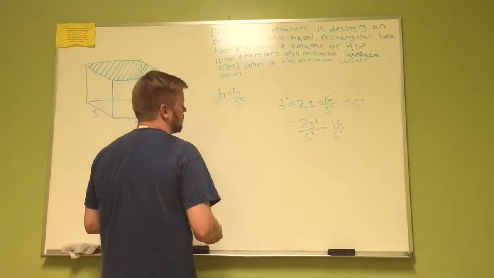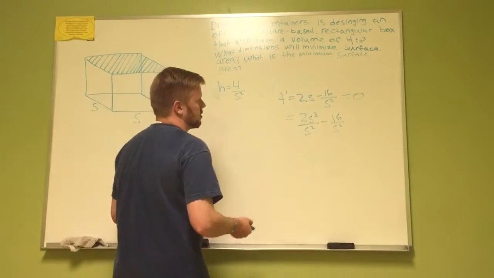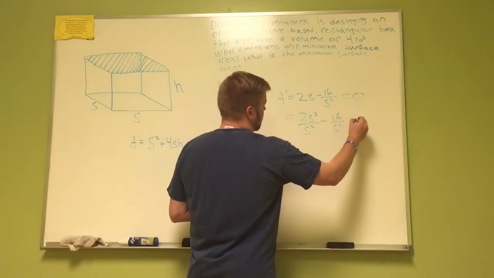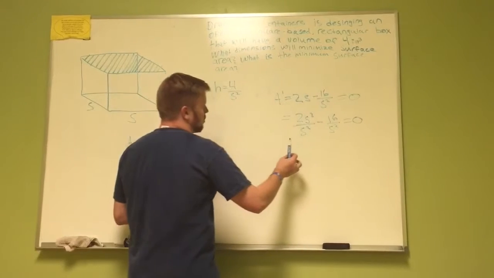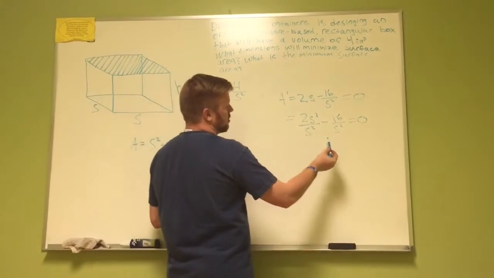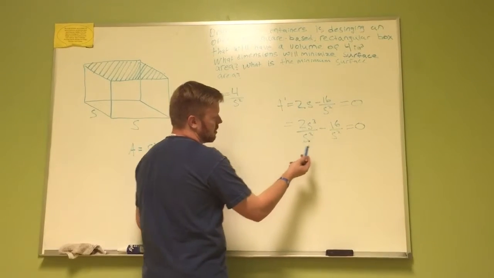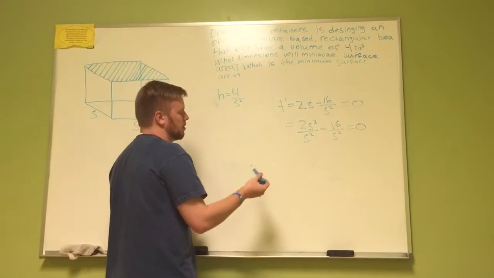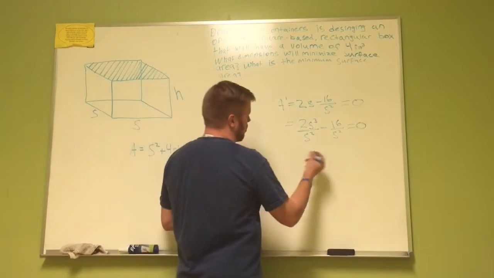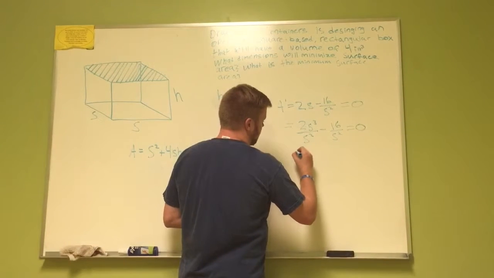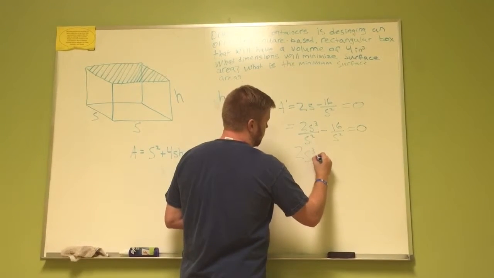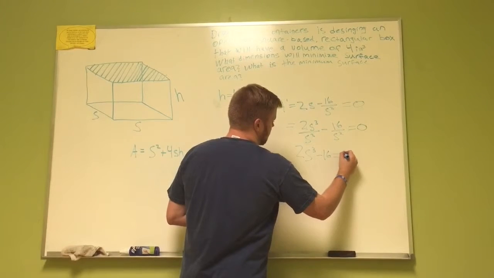When set equal to 0, we're just finding what number would make this whole expression equal 0. If there's a 0 in the numerator, then the whole expression equals 0. So we can just take 2S cubed minus 16 equal to 0.